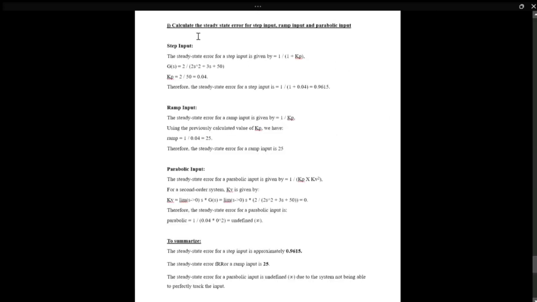This is the calculation for steady state error for step input, ramp input and parabolic input. For step input, the error is 0.9615. The error for ramp input is 25. And finally, the error for parabolic input is undefined due to the system not being able to perfectly track the input.